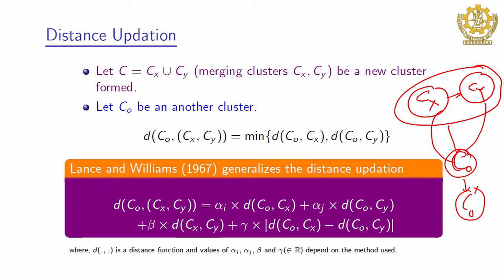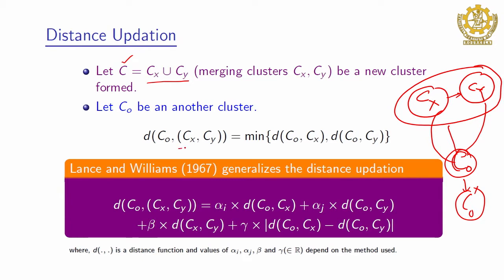Now, after merging these 2 clusters, the merging clusters are C x and C y, and obviously the points of the new cluster will be the union of these 2 clusters. Now, what will be the distance from the new cluster to all the other clusters? That is the problem.